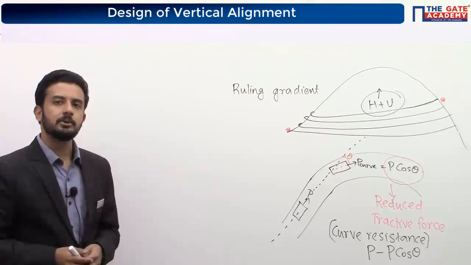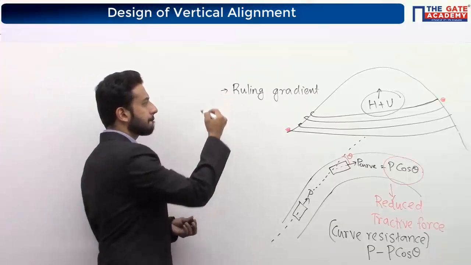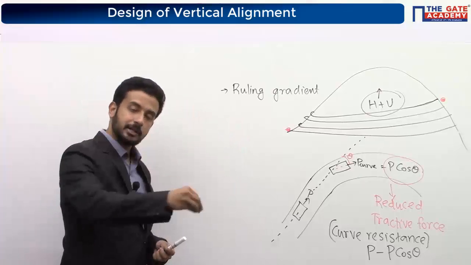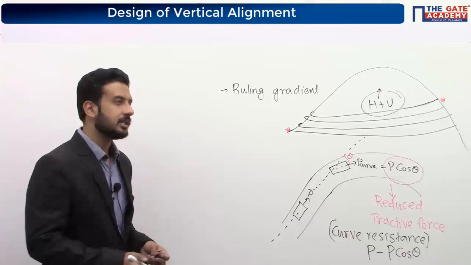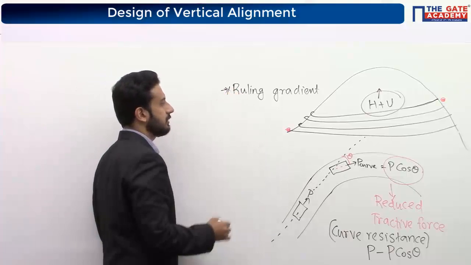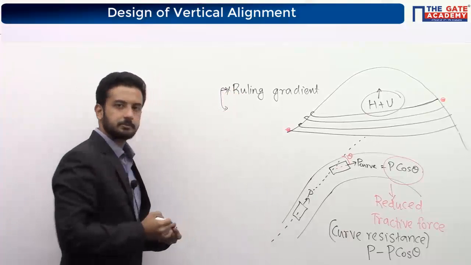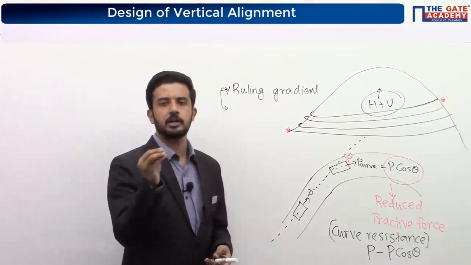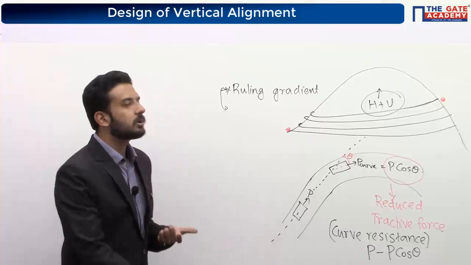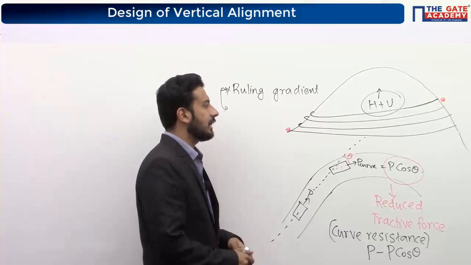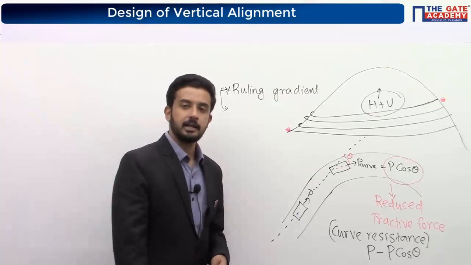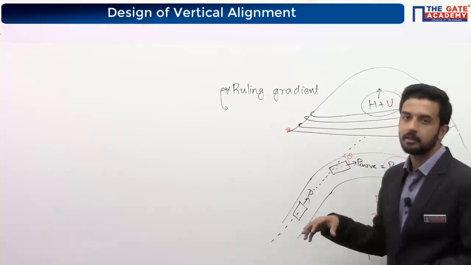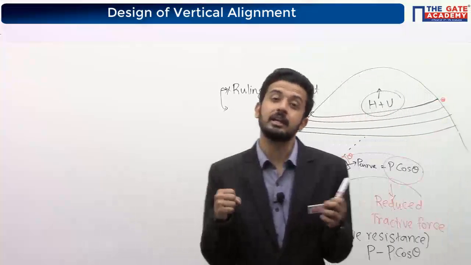Okay. So I told you the maximum value is rolling gradient. But along with that gradient, there is a horizontal curve also coming, which means we cannot give this maximum value. We have to reduce it. Understanding? Theoretically speaking, maximum value of vertical gradient we can call it as rolling gradient. But along with that rolling gradient or along with that vertical curve, if a horizontal curve is also coming, then you are getting some extra increased resistance.